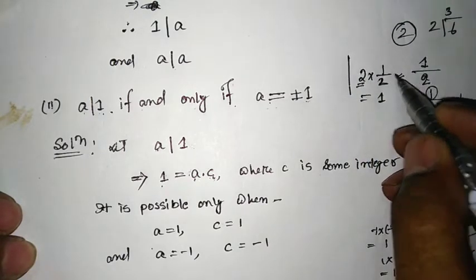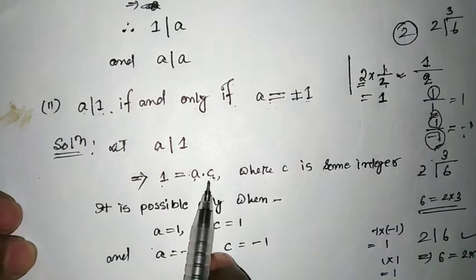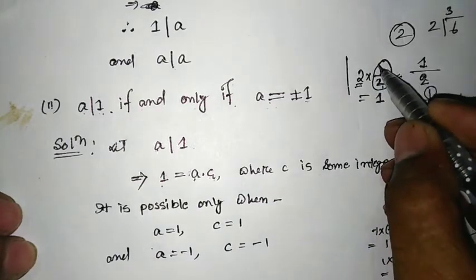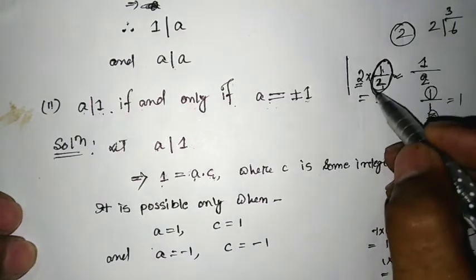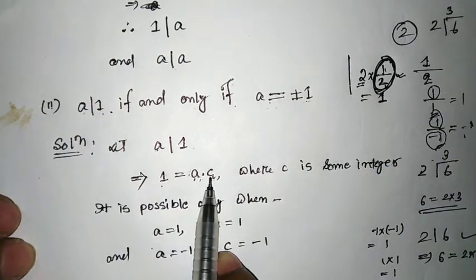Now you can question me, sir, this one is also possible, that 2 into 1 by 2 is also 1. Yes or no? Yes, it is correct. If we take the value of a as 2 and the value of c as 1 by 2, then it is also correct.